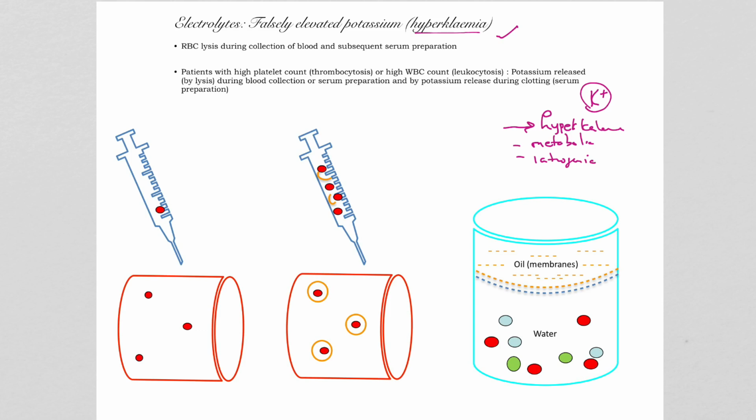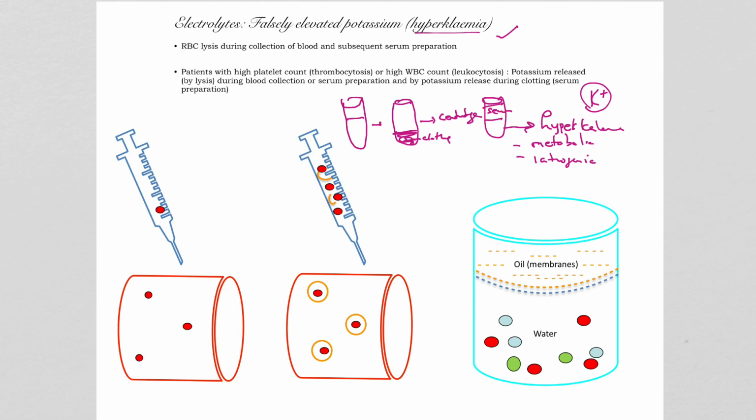So once again, we have a pseudo situation here, something due to the fact that we have to take the blood sample. When we collect a blood sample, if the blood is allowed to clot, then after centrifuging, we spin the blood sample, and then we get the serum.